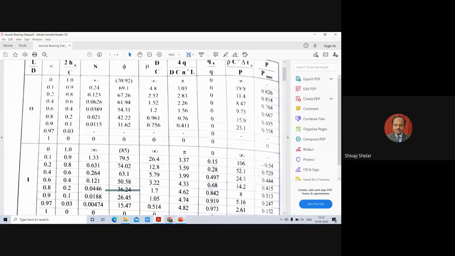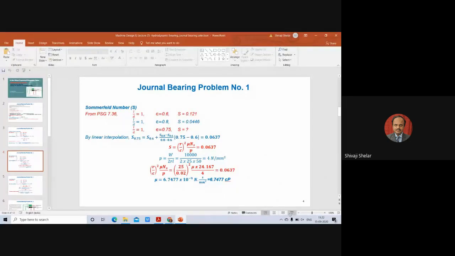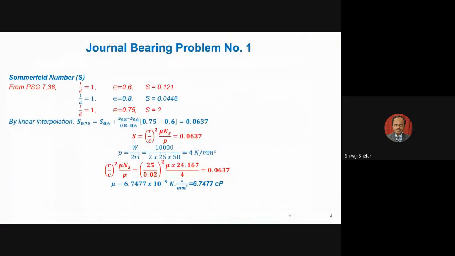The same values we have used here, 0.121 and 0.0446. Now, by linear interpolation, we are calculating the S value corresponding to the eccentricity ratio of 0.75. How are we calculating here? I am showing here.